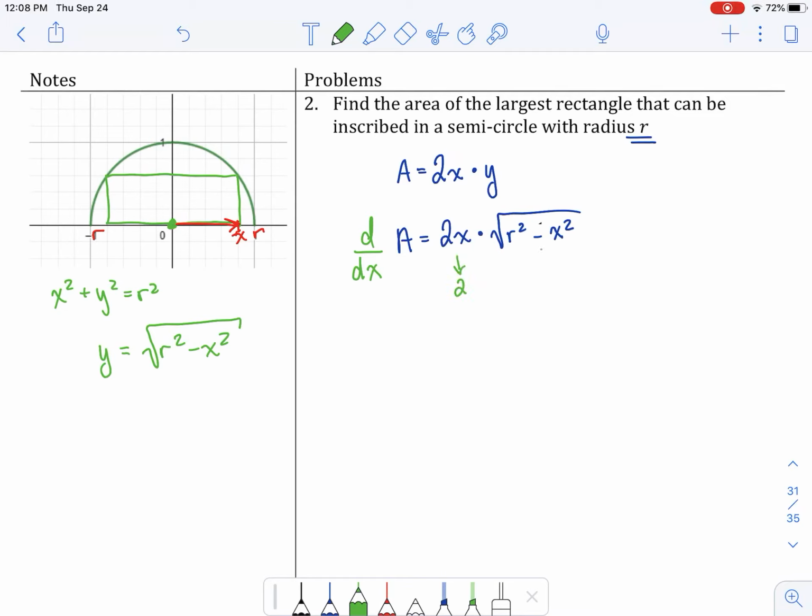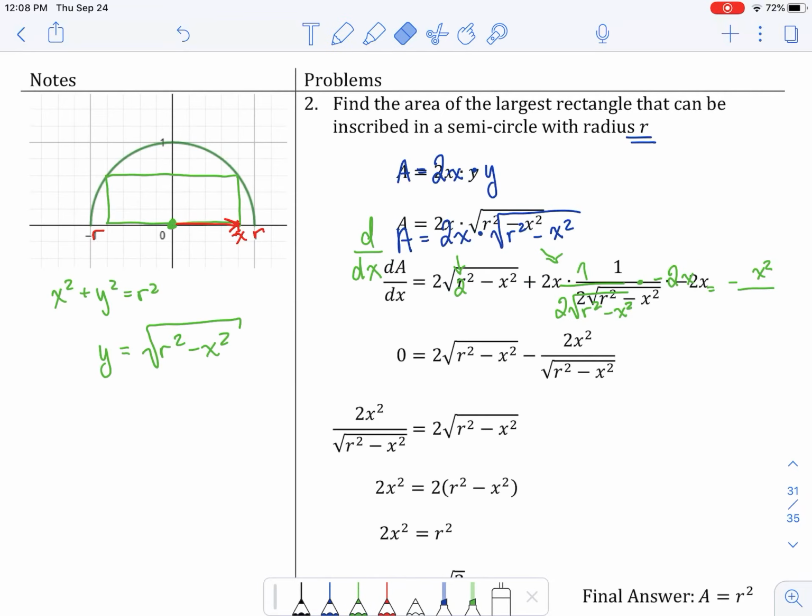So the derivative of 2x is 2, and the derivative of root r squared minus x squared is 1 over 2 root r squared minus x squared times the derivative of the inside of that using the chain rule, which would be negative 2x, which I'm going to simplify to negative x over root r squared minus x squared.